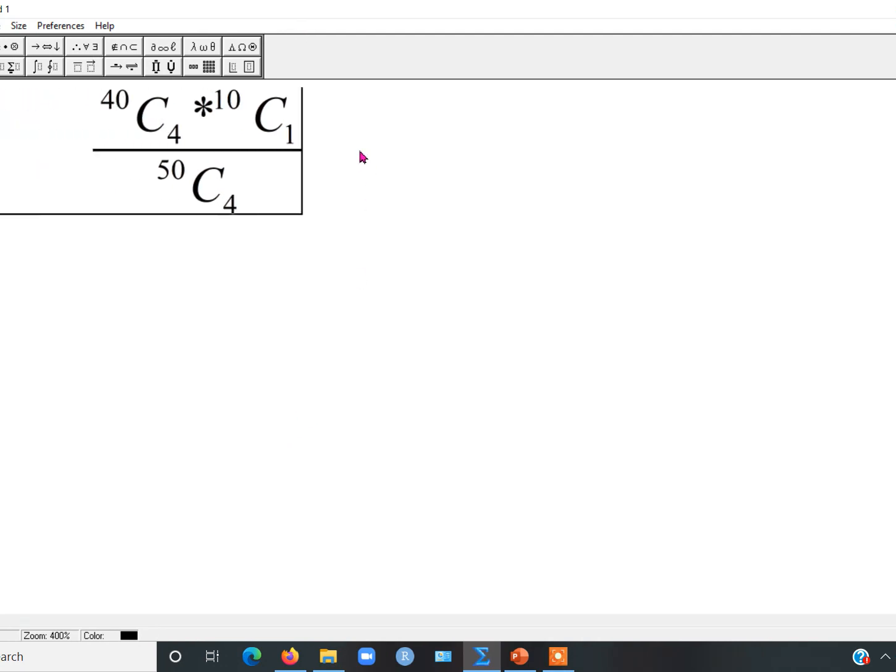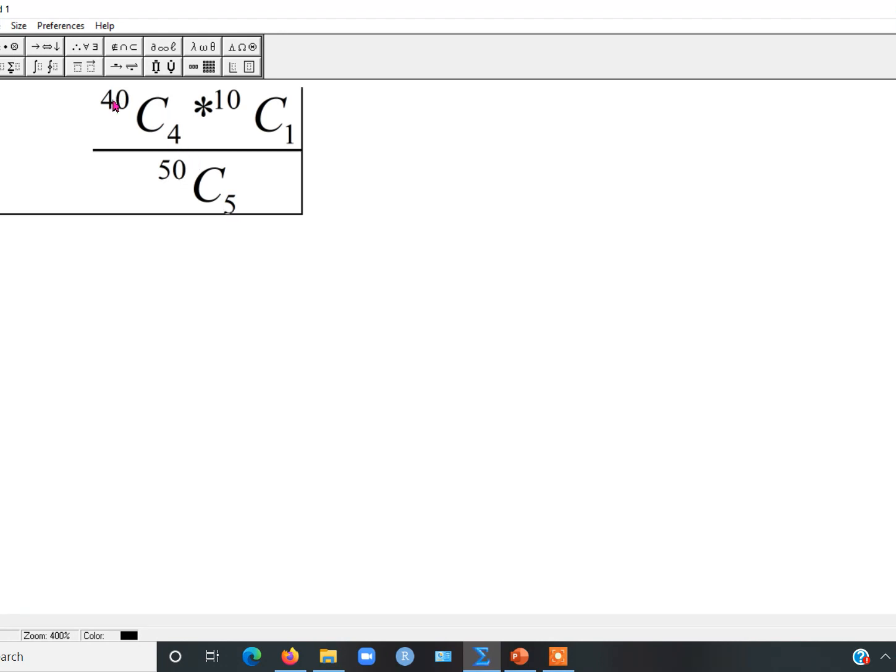So we have 40C4 ways to sample 4 who belong to the union, 10C1 ways to select those who do not belong to the union, and here we have 50C5. Why is it 50C5? As we said, we have a total of 50 employees, we are sampling 5 employees.